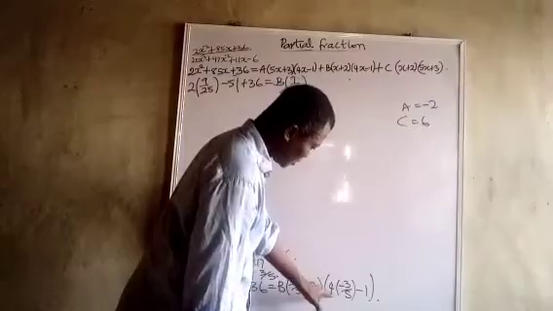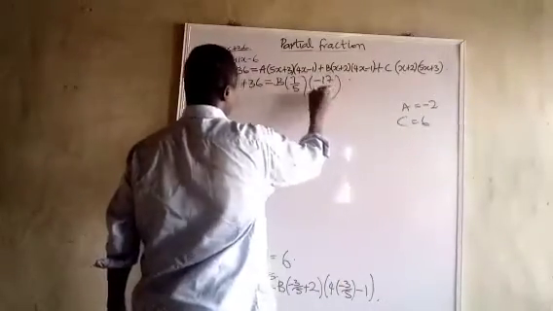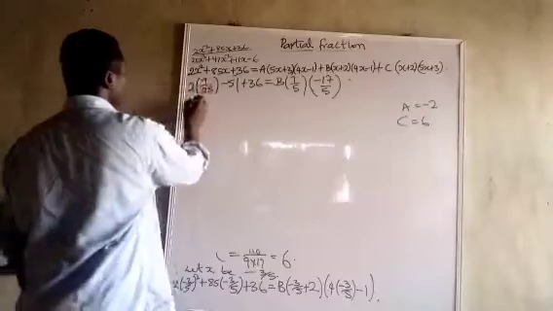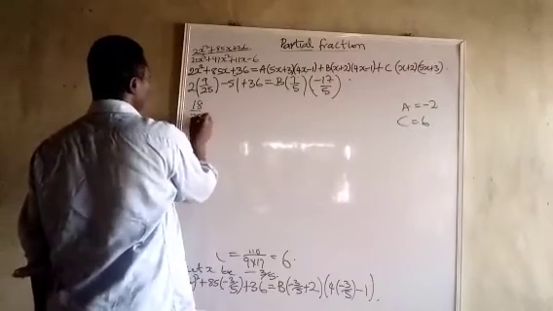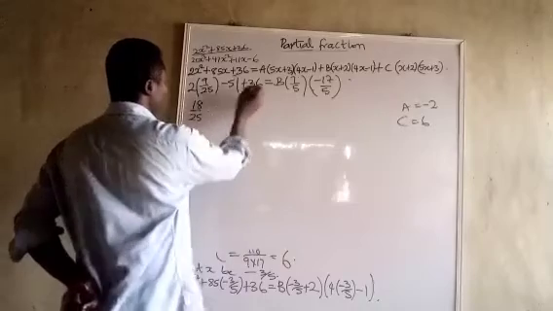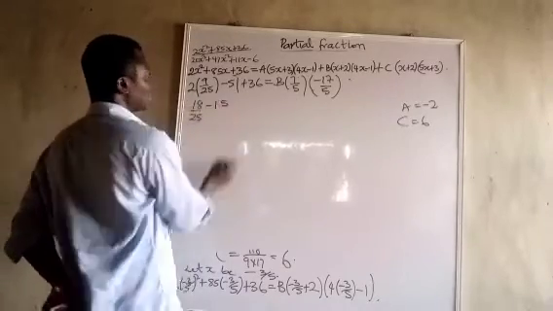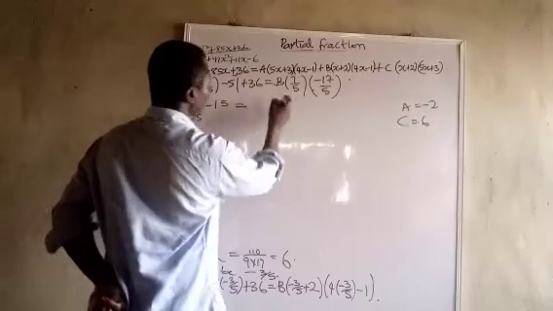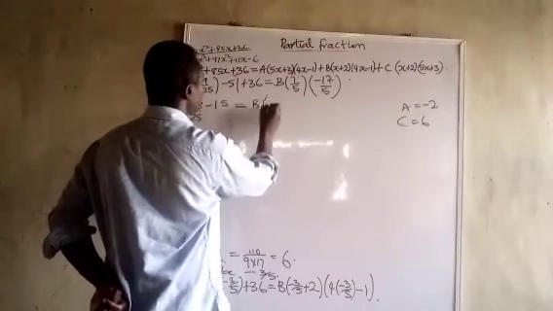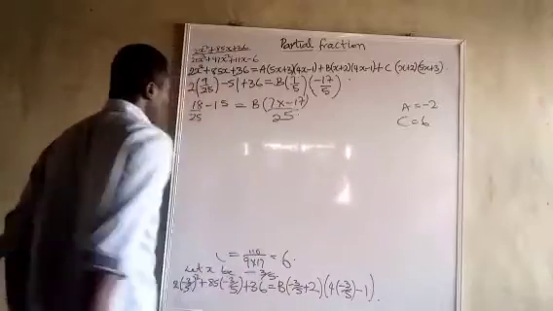So it is minus 12 minus 5, minus 17 over 5. So this one gives me 18 over 25. 51 minus 51 plus 36. This is 5. I think that should be 15. Minus 15 is equal to b into 7 times minus 17 over 25.